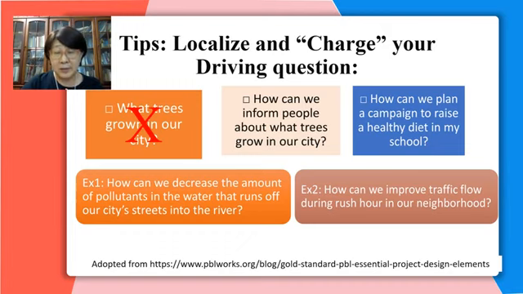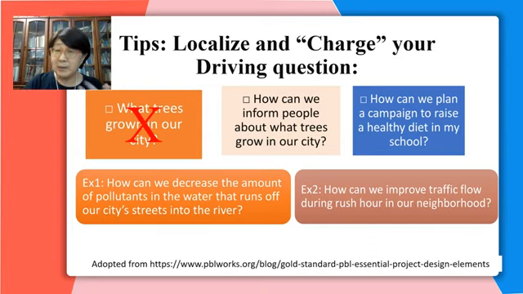And how about the next one, example 2? How can we improve traffic flow during rush hour in our neighborhood? Here we see the place, right? And we recognize that the problem we are going to solve is to improve traffic flow.